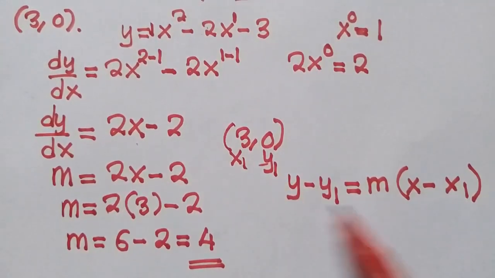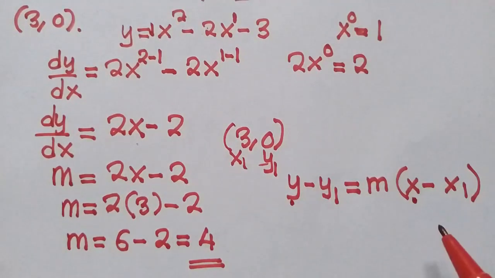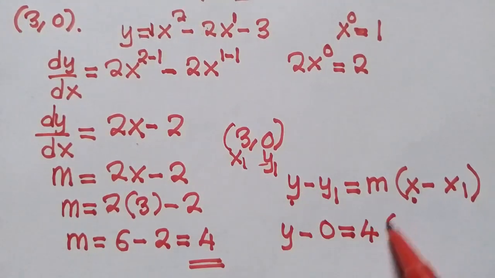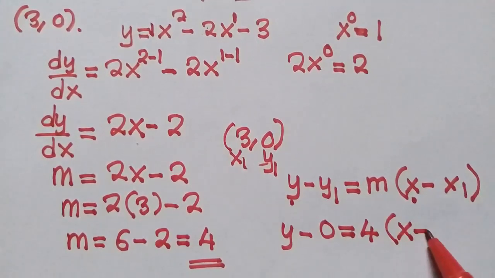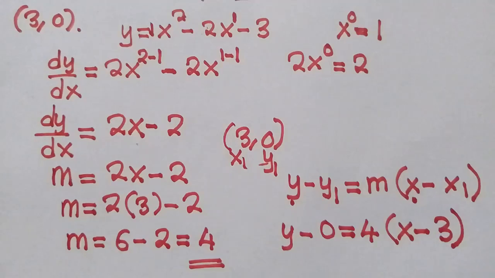So you now replace here. These two are constants. So we are going to have y minus, what is your y1? y1 is 0, which is equal to, what is your gradient? 4. Open bracket, x minus, what is your x1? Your x1 is 3.